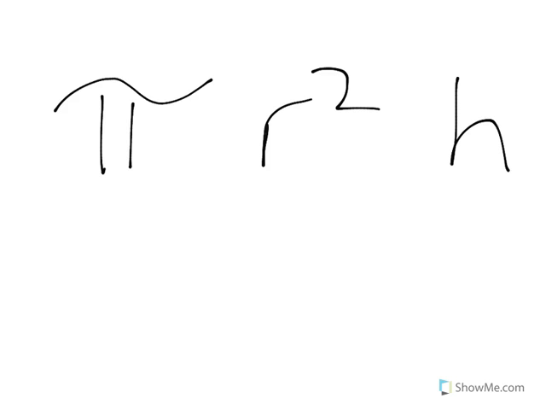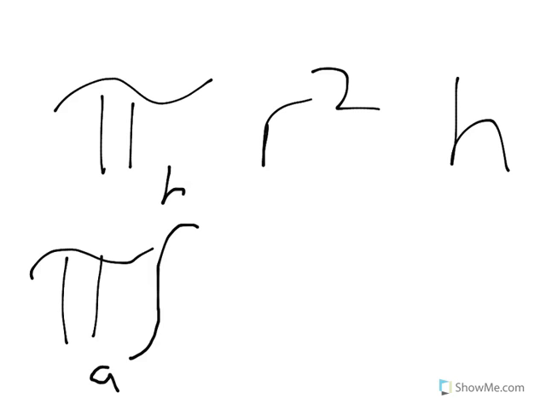So pi is going to be equal to pi. Then we're going to multiply this by the integral from a to b, and then r squared. We're going to say f of x, and we're going to square it.